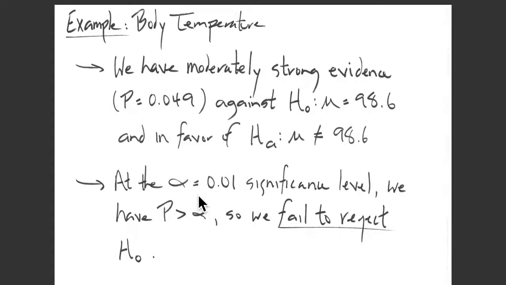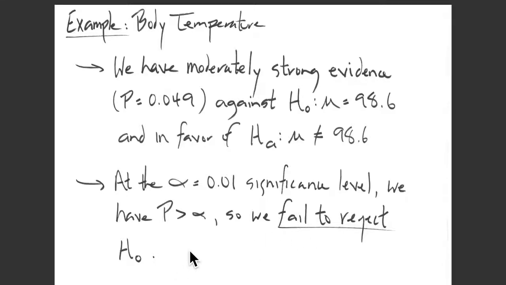Strong evidence is generally considered to be a p-value that's less than 1%. And we don't have that here. So at the 1% significance level, our p-value is actually bigger than the significance level. 4.9% is bigger than 1%. So at the 1% significance level, we would fail to reject H0.